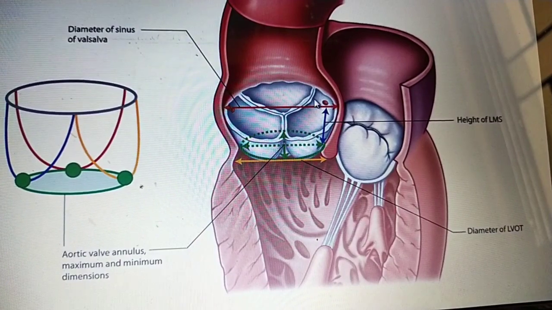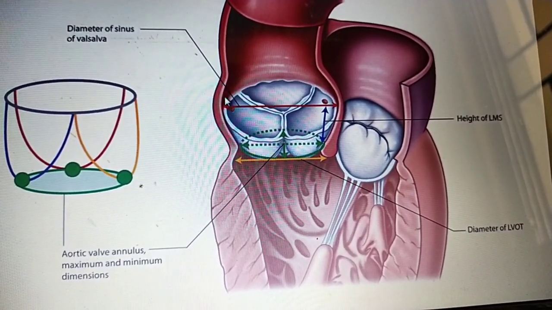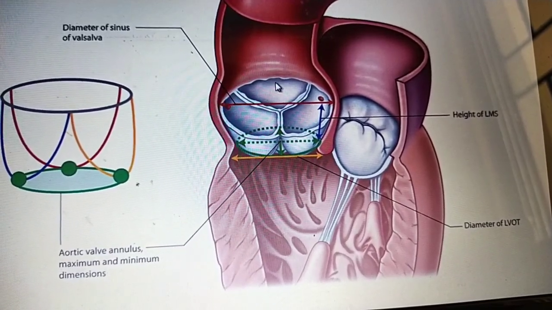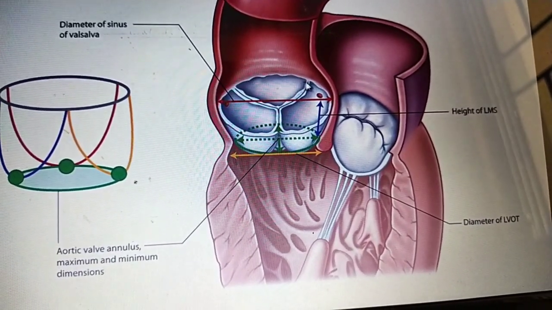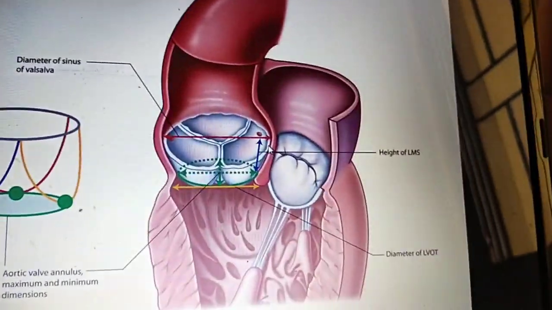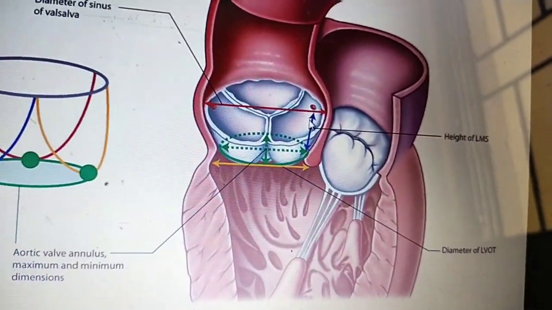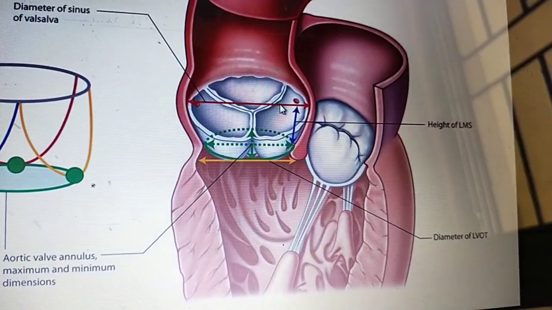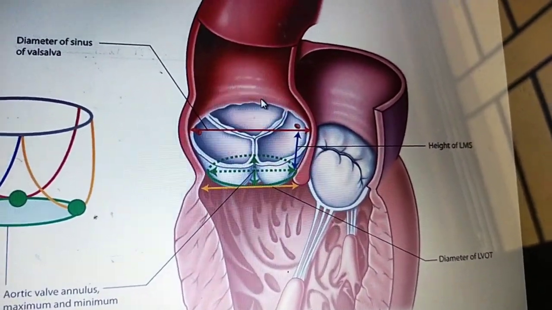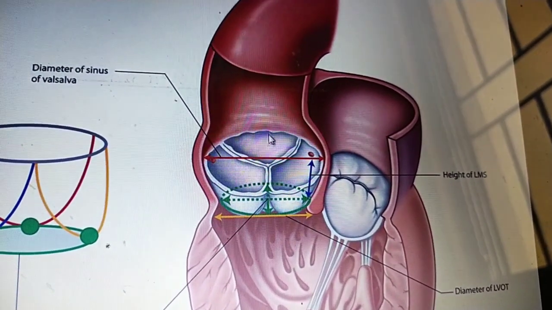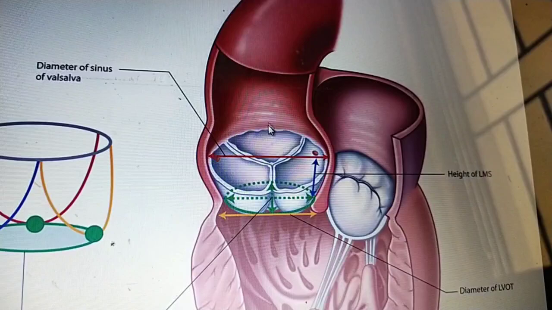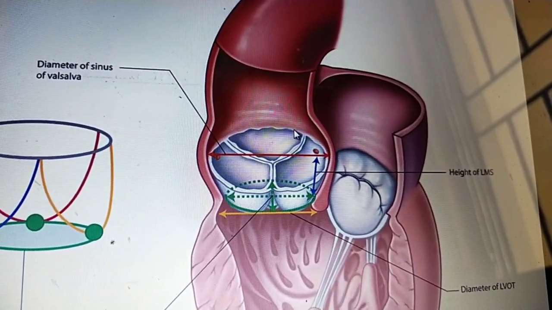Just above the cusps there are dilatations in the aortic root, pocket-like structures. These are called the aortic sinuses of the heart, and these sinuses are attached to the ascending aorta.